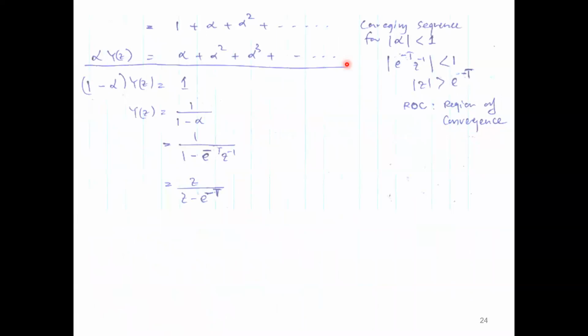Same thing we are repeating with non-numerical values for t. So it's 1 plus alpha, alpha squared, and so on, and you get the summation. Work it out. I don't need to go through this again. It's pretty clear. So you get z over z minus e to the minus t. So this is the Z transform of an exponential function.